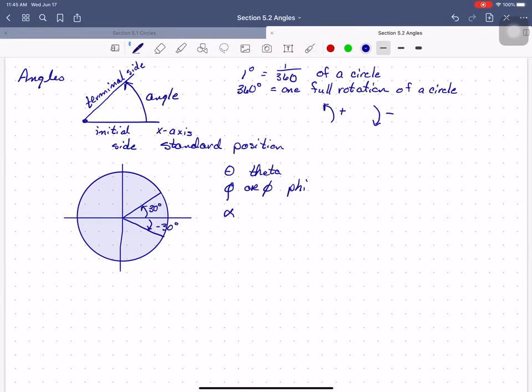We're going to use alpha an awful lot. We'll also use beta. And occasionally we'll use gamma. I give you the names of these symbols so that you have something to call them other than the zero with the line through it, right? It just makes it easier.